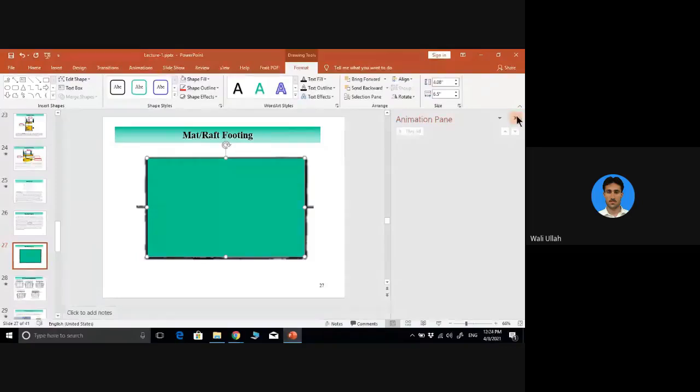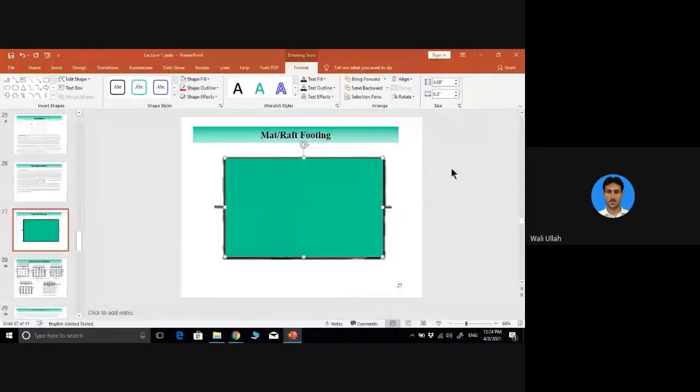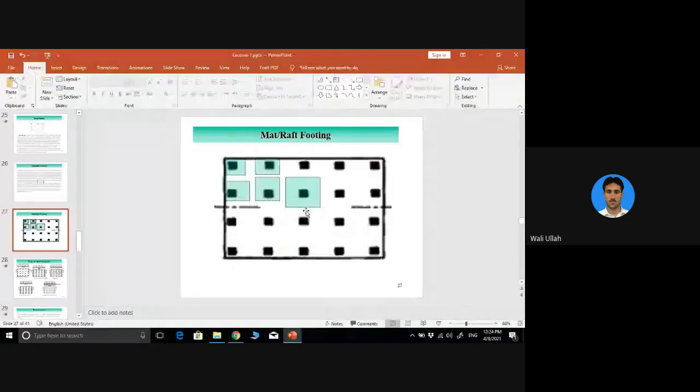Acha ji. Another advantage of providing a raft foundation is this. If you provide isolated footings like this, and it happens that below this column the soil is weak, but below this column the soil is not weak, what would happen? This column would settle more compared to this column. There will be differential settlement, and there would be cracks in the building.